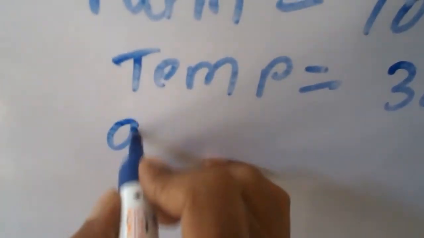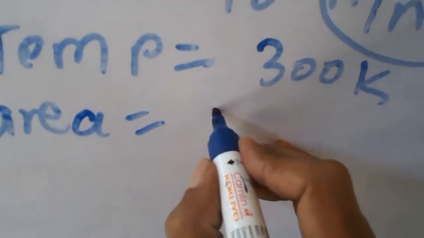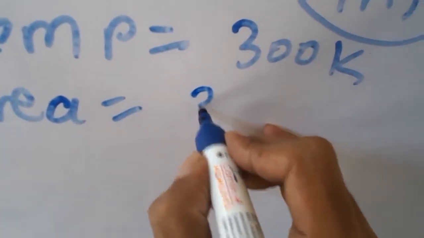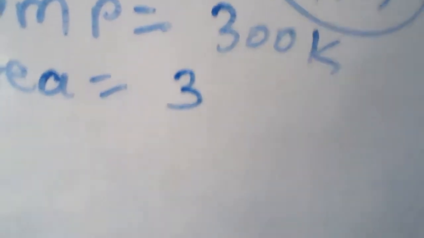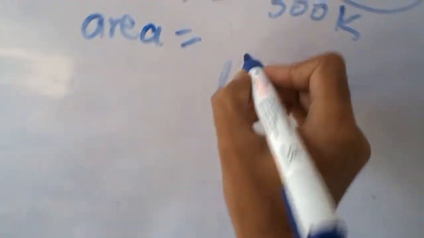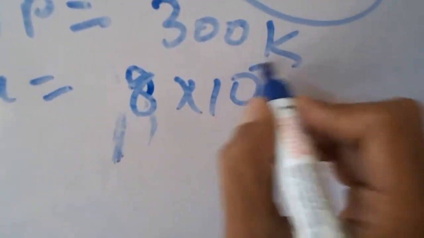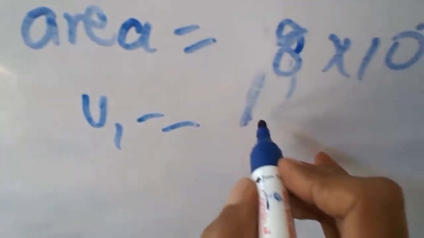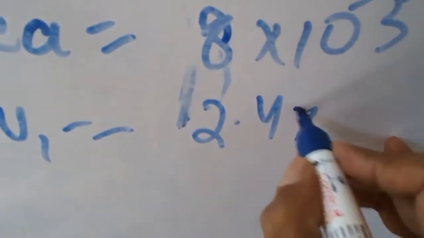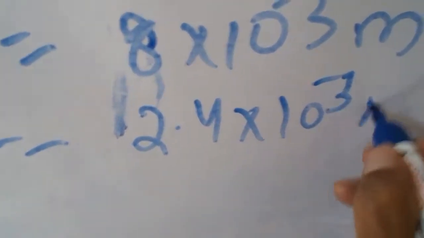After that, the cross section area is, okay, this area is 8 into 10 to the power minus 3 meter square. And this initial volume V1 is 22.4 into 10 to the power minus 3 meter cube.